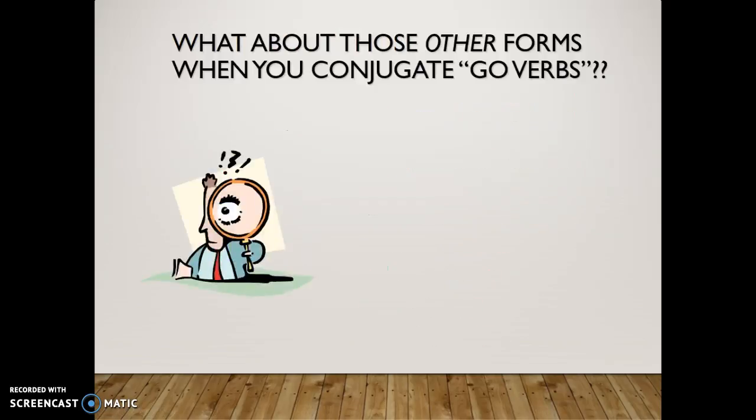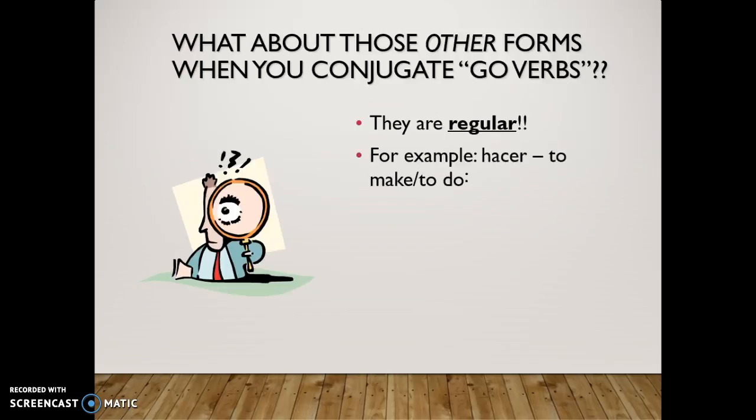So what about the other forms when you conjugate go verbs, like the tú form, the nosotros form? Do they also end in go? No, they are regular. So when you conjugate a go verb, just know that the yo form is going to be irregular, but the rest are going to have regular endings. Let's take a look. Hacer, for example, means to make or to do. Let's conjugate it.